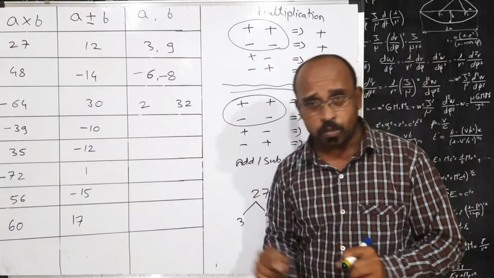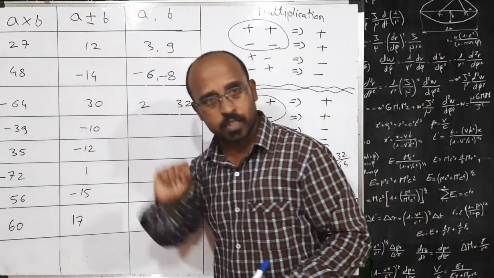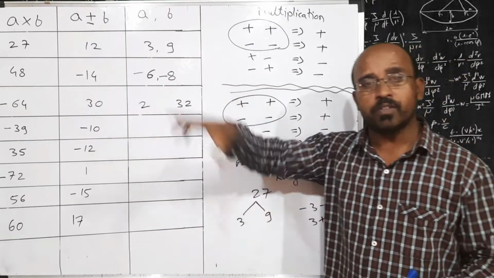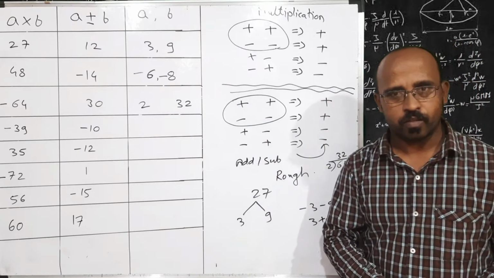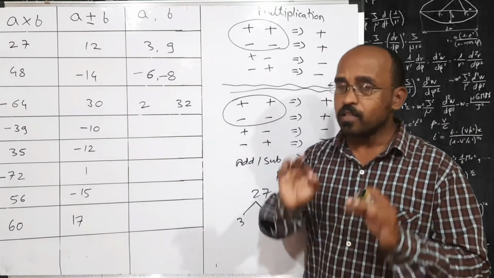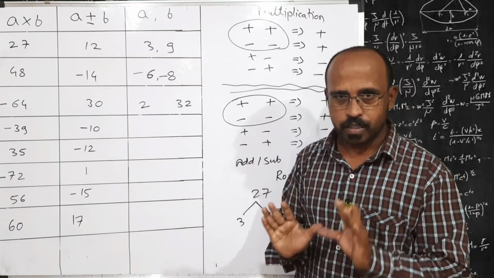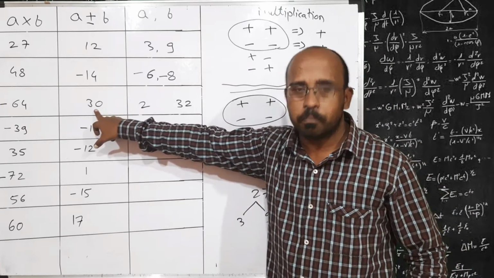Now among these two numbers, one number is positive and one number is negative. That's why the answer is negative. So which is positive and which is negative? Students, in integer subtraction, what is the symbol of the answer? Symbol of the answer is symbol of the greater magnitude, right? And here, what is the symbol of the answer? Symbol of the answer is plus.